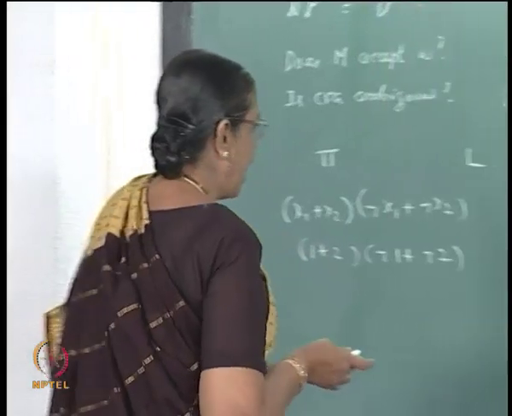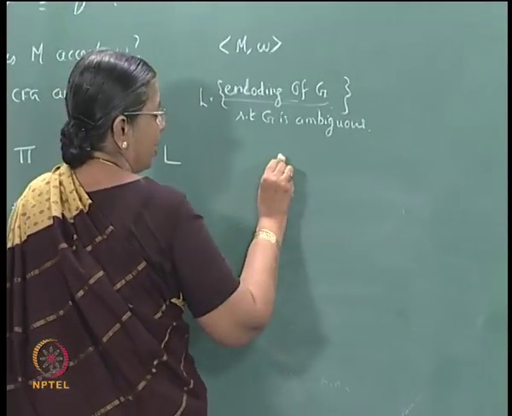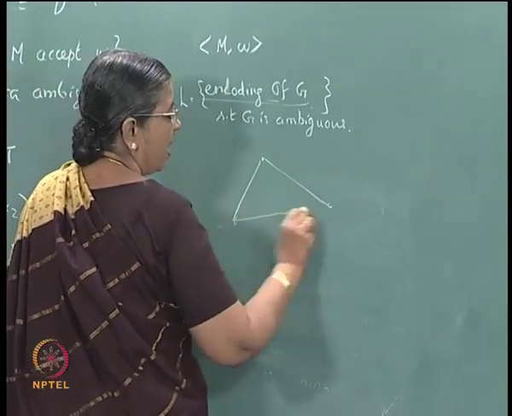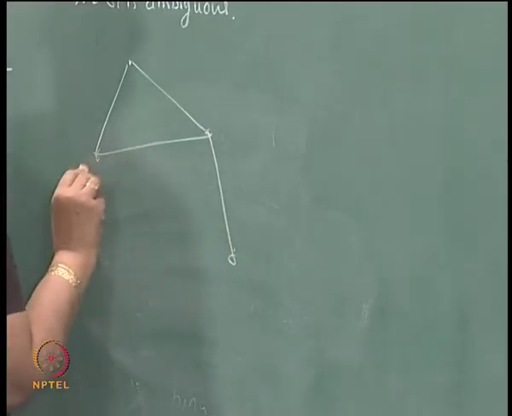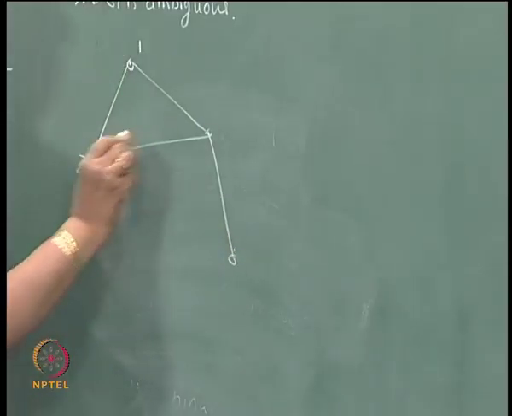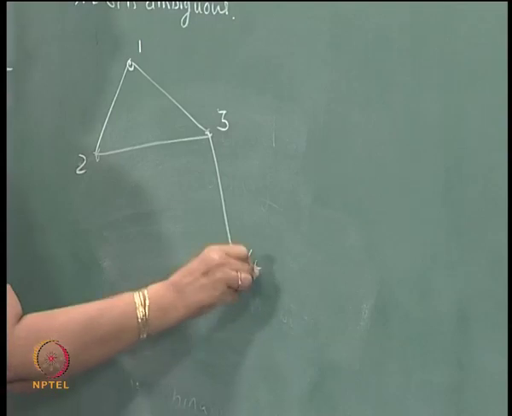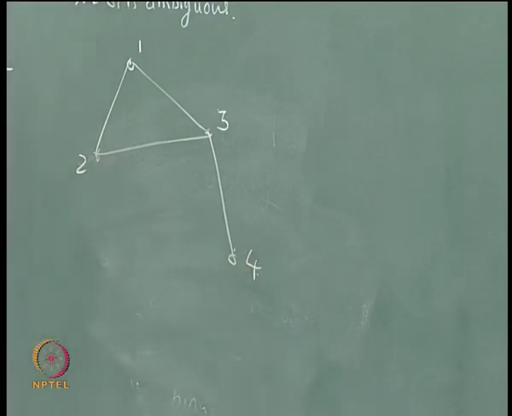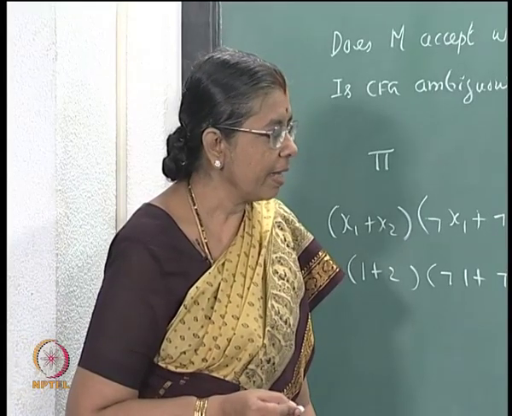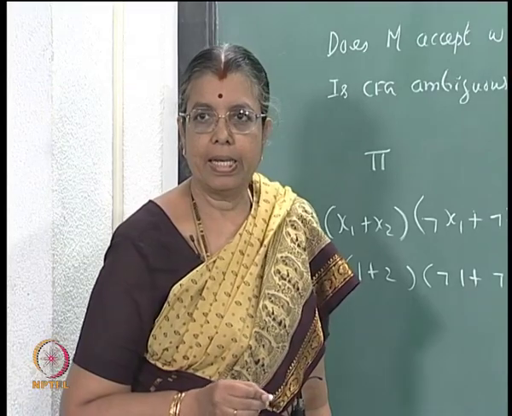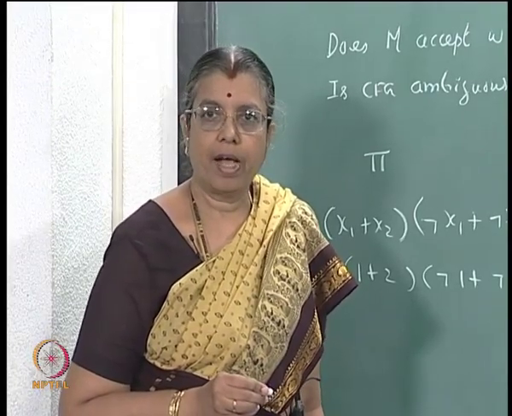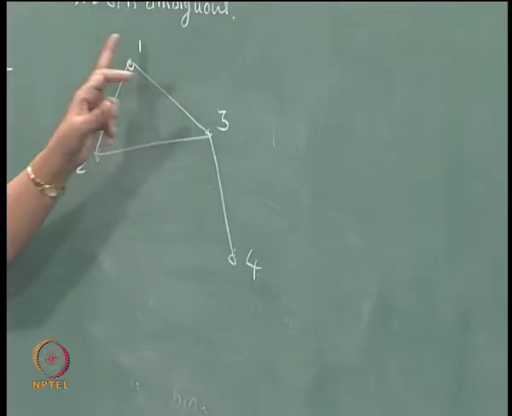You can have graphs, given a graph something like this with nodes 1, 2, 3, 4. The question is, does it have a clique of size 3? A clique is a complete subgraph. Does this graph have a complete subgraph of size 3? It has, a triangle is there.